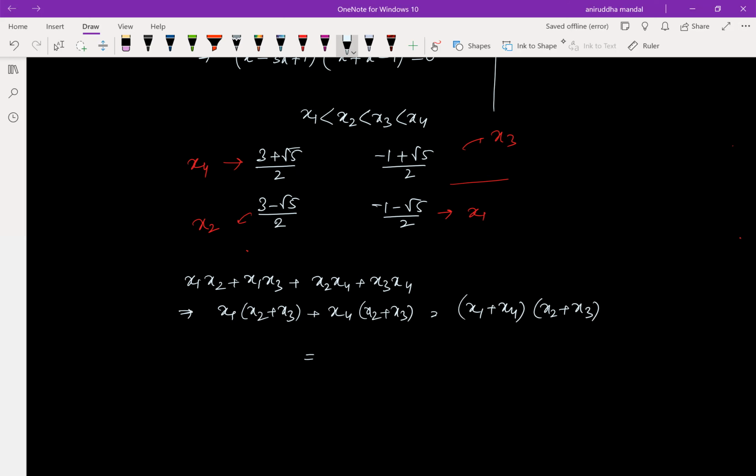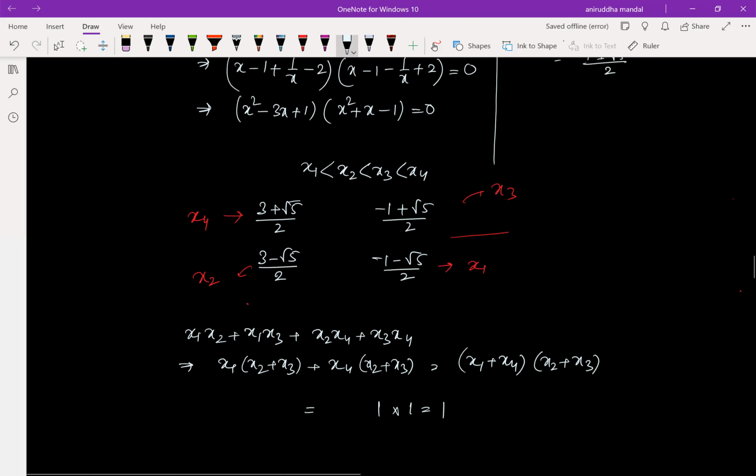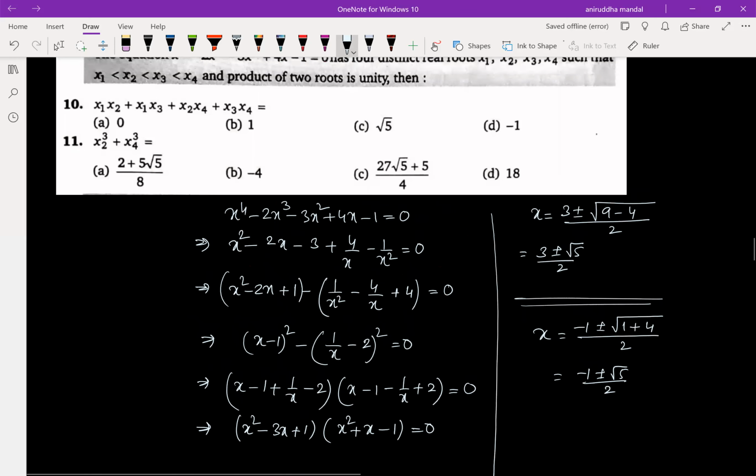So x1 plus x4 means minus root 5 will get cancelled. So 3 minus 1 by 2 means 2 by 2, 1. So this is 1. This is the first value, and then x2 plus x3. Again this root 5 will get cancelled. So 3 minus 1, so this is again 1. So the first answer is option B.